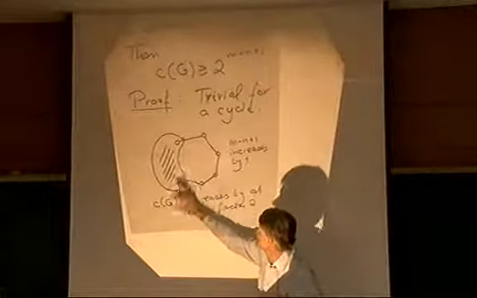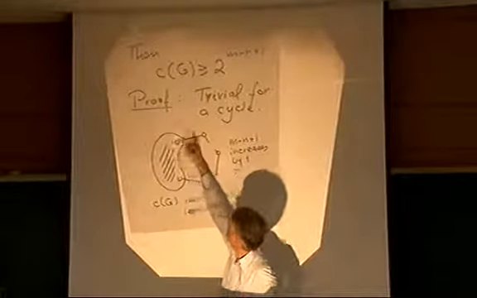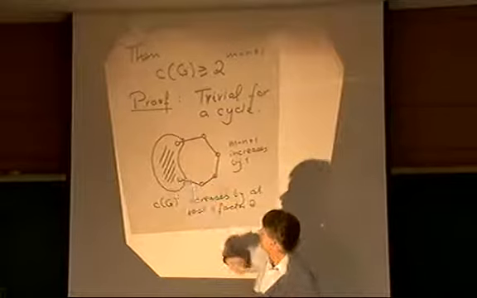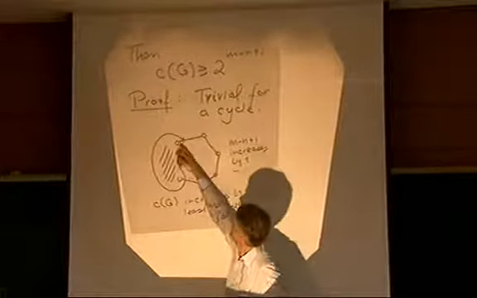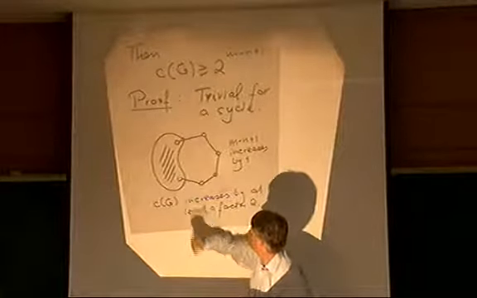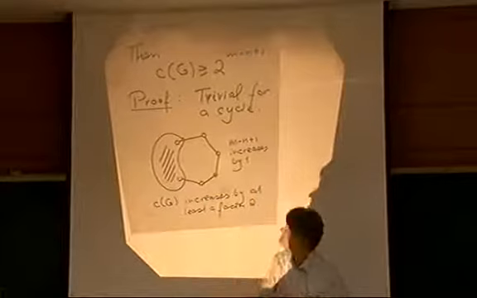Let's see what happens if we have a totally cyclic orientation here. In how many ways can we extend it to this? In 2 ways. Because we can let all the edges go like this, or we can let all the edges go in that direction. That's 2 ways.